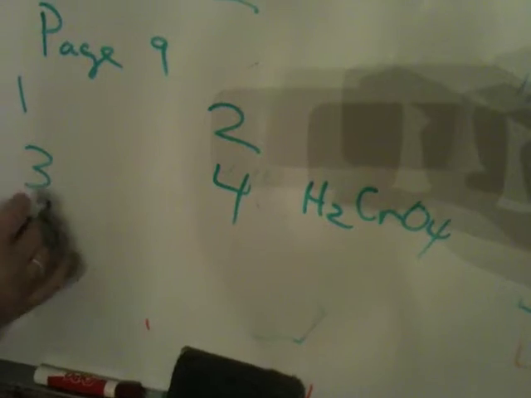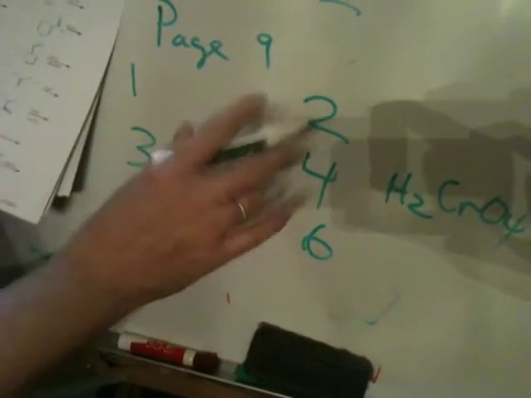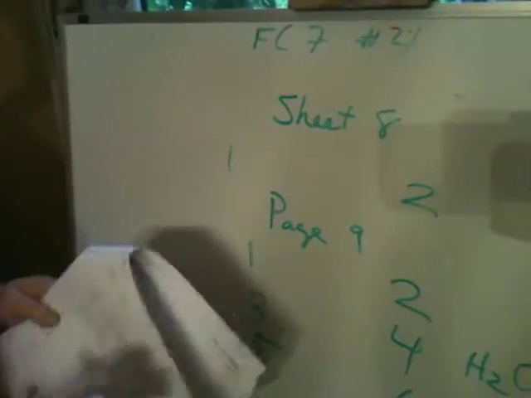Then you should do position 5, you should be able to do 6, and that's about it. The top of the sheet is really a review of how to make carboxylic acids, or how to do oxidations.